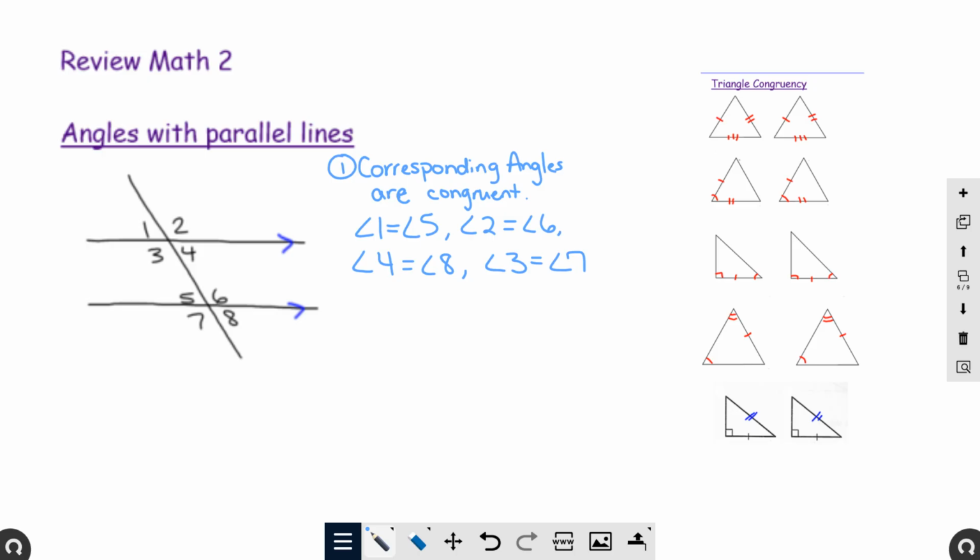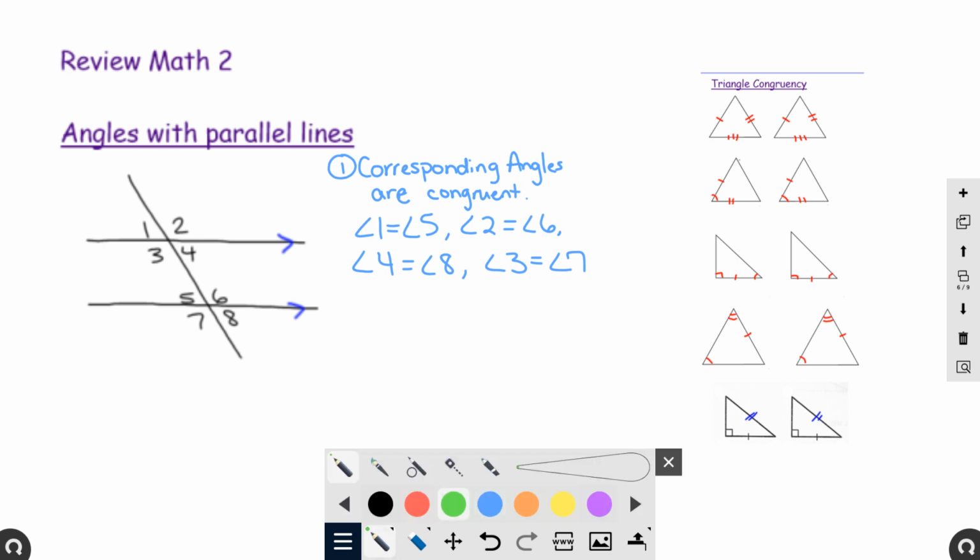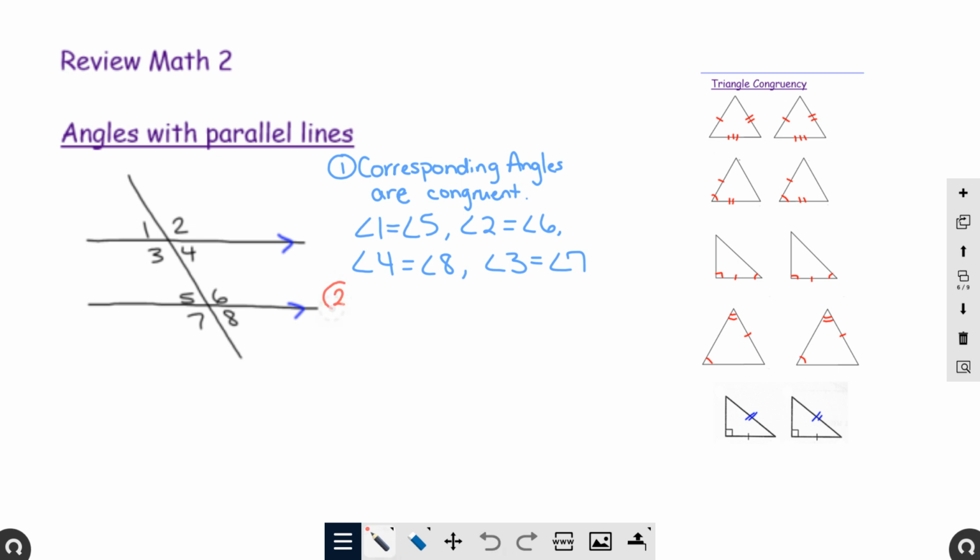Okay. Corin, you had another type? Very good. Alternate interior angles. And those are also congruent.